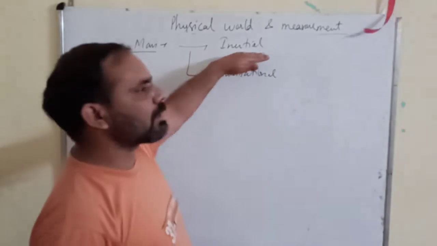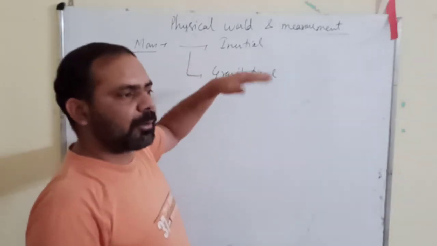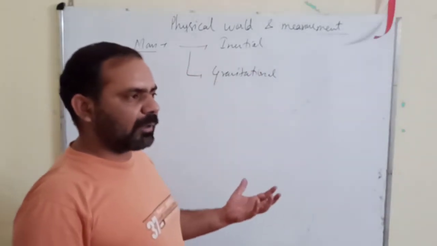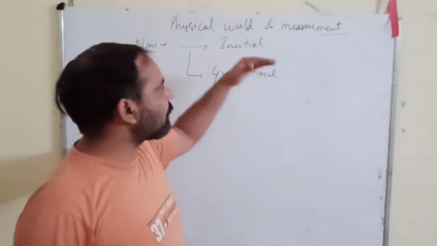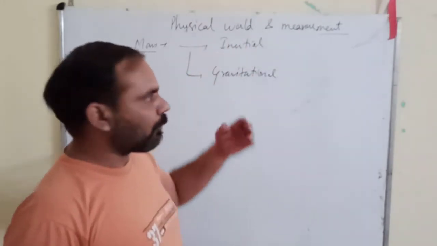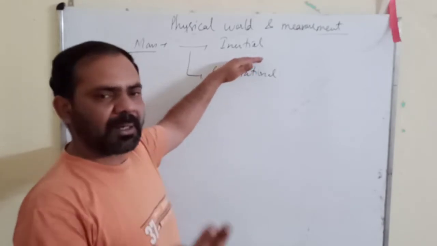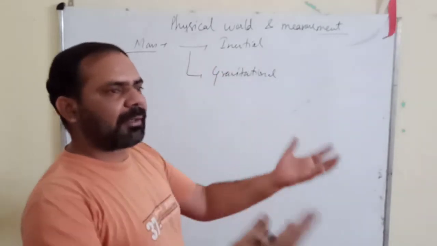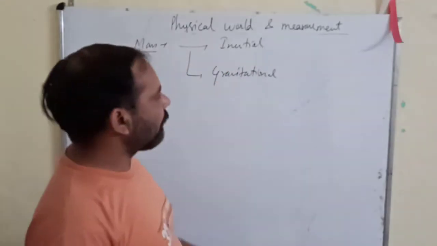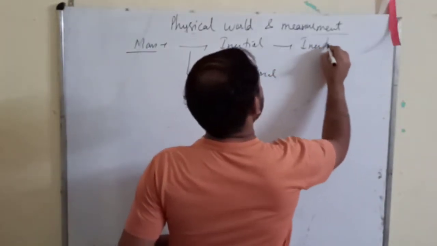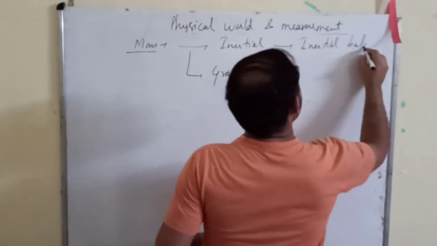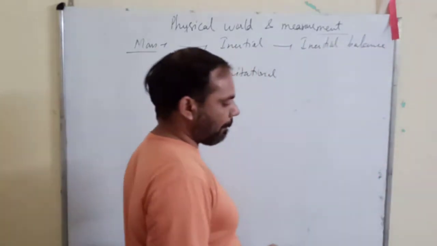So the total amount of inertia of a body due to its motion is called the inertial mass. What we include in inertial mass is mass as well as the effect of velocity also. For measurement of inertial mass, we have the inertial balance.